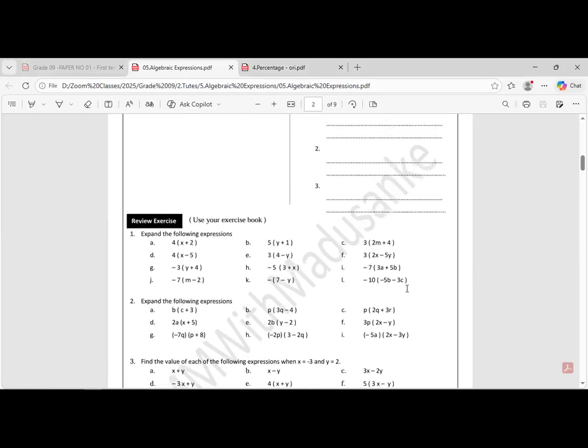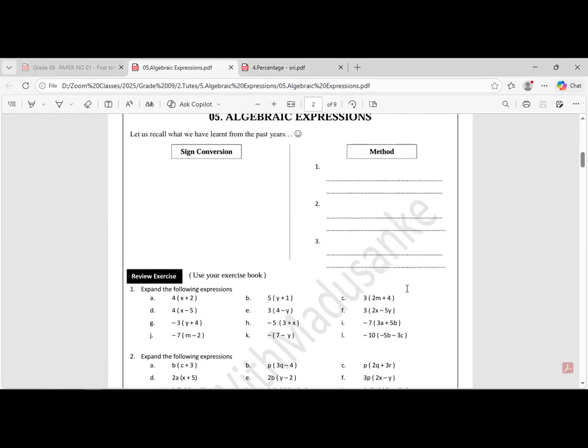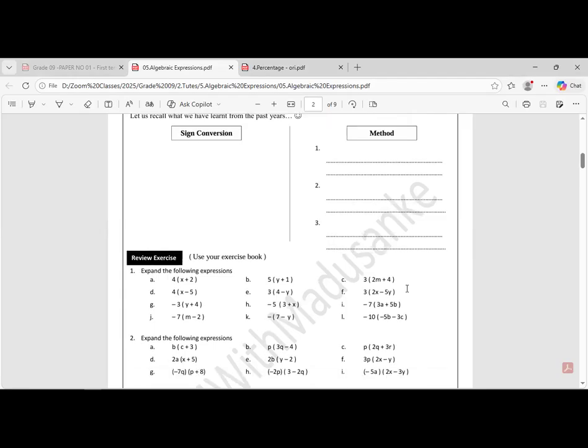Okay. Now let's do some review exercise. Before that, I will recall the sign conversion and the method. If you know these two, you can do any of the things. Now I am going to explain these things on the board.